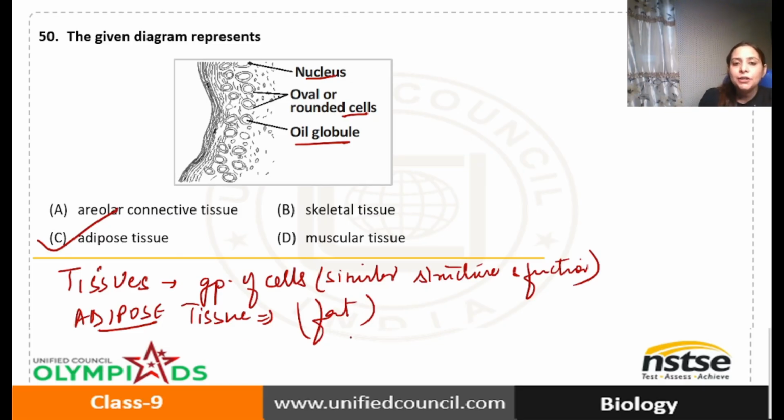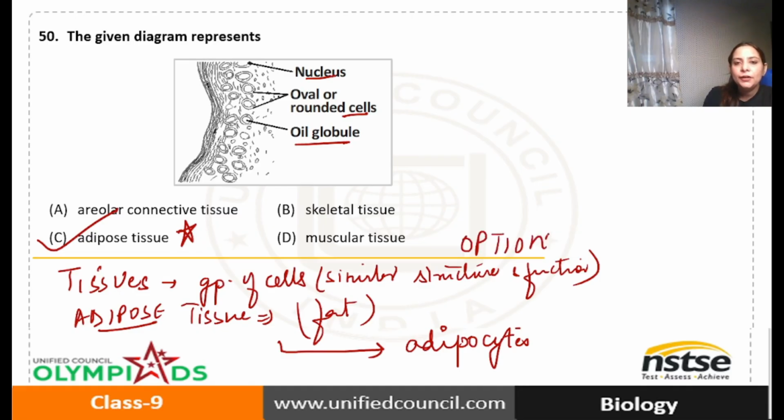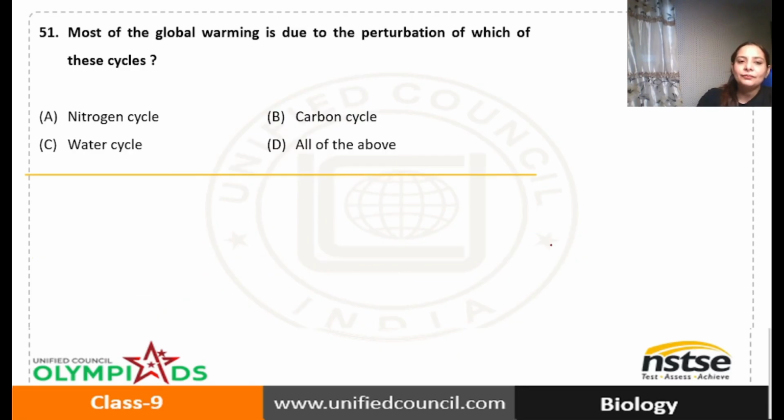Adipose tissue contains cells called adipocytes, which have a big fat droplet inside. So this picture represents adipose tissue, that is nucleus, rounded cells, oil globules. So which option is correct here, students? Option C.